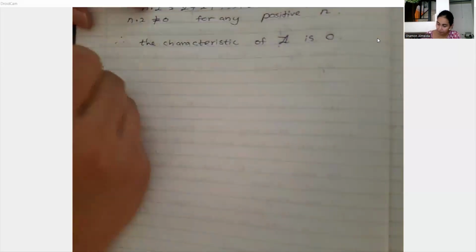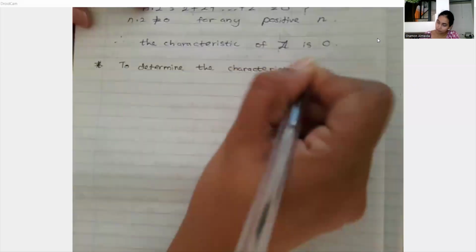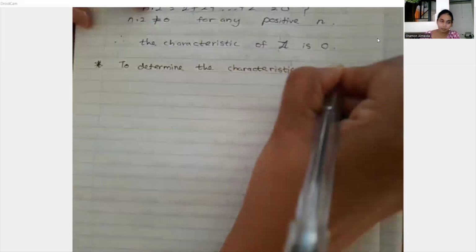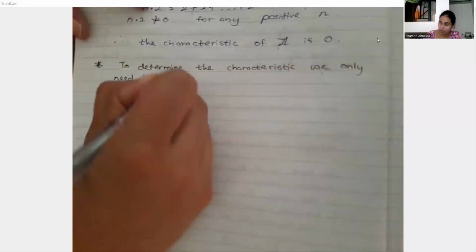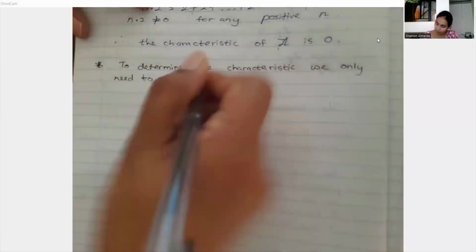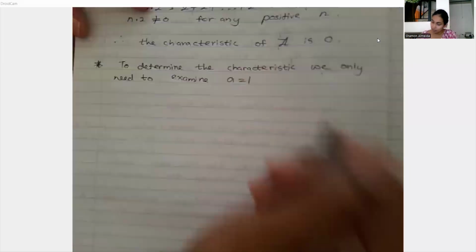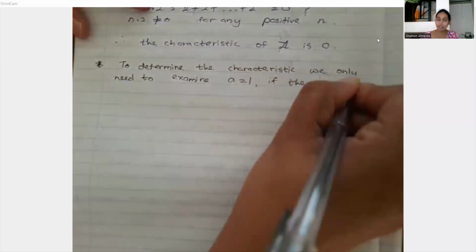Then let me first write it. To determine the characteristic, we only need to examine a equals 1 if the ring R contains 1, unity.